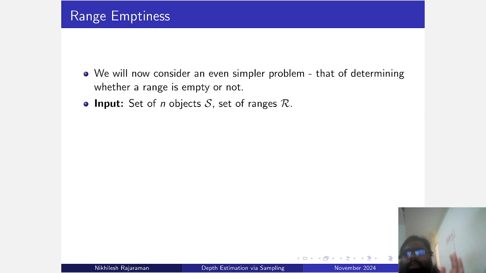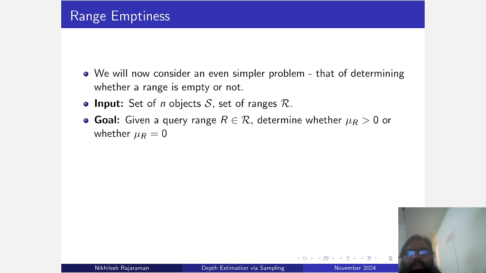So the setup for this emptiness problem is pretty much the same as the depth calculation problem that we looked at before. We're given a set of n objects, calligraphic S as always, and the set of allowed query ranges. And as I mentioned, the goal is just to determine whether the depth of the range is greater than 0 or exactly equal to 0.